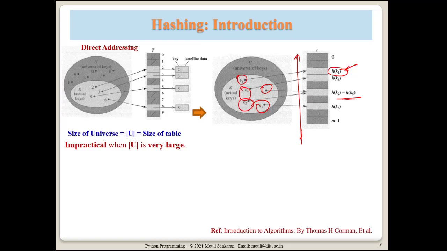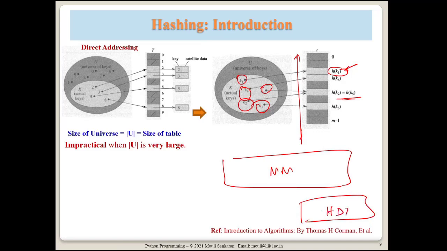The advantage is that you don't need to scan through it. If it is a huge array and you have limited main memory while the array is on the hard disk, you may have to bring even this indexed array in and then process it. That kind of thing will be there.